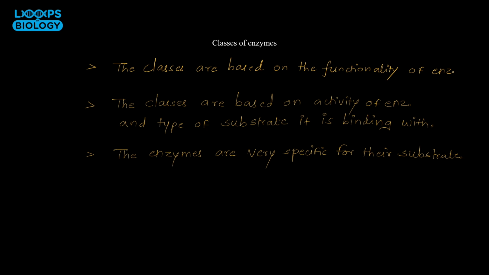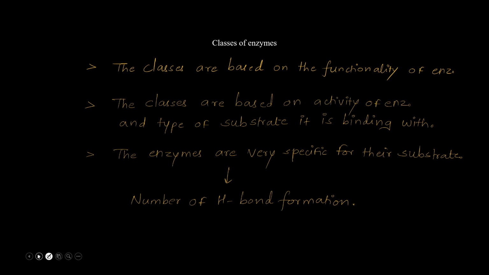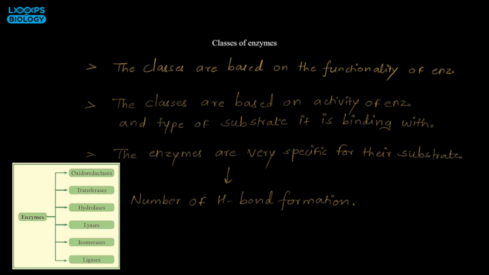Those hydrogen bonds are going to decide whether the substrate is specific for those enzymes or not. So this specificity is based on the number of hydrogen bond formation. Got my point, guys? So now let's see what the classes of enzyme are.